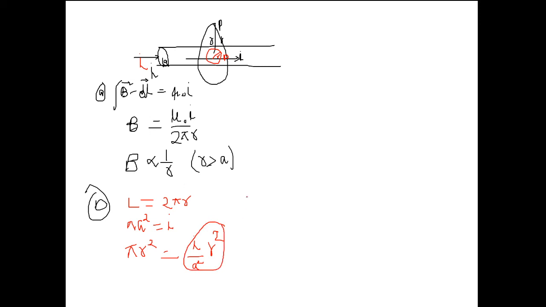Now if we use Ampere's circuital law for this, we find B into the length of the Amperian loop, 2 pi r, is equal to mu naught times the current enclosed. So here the current is I by a square into r square.